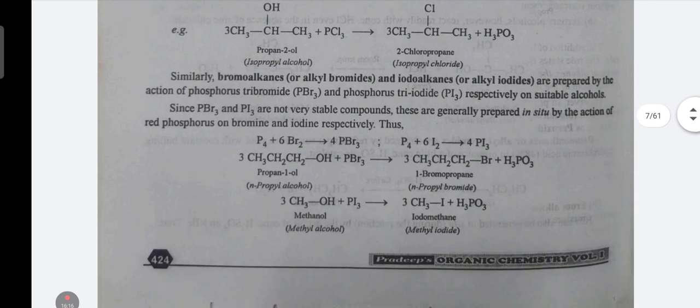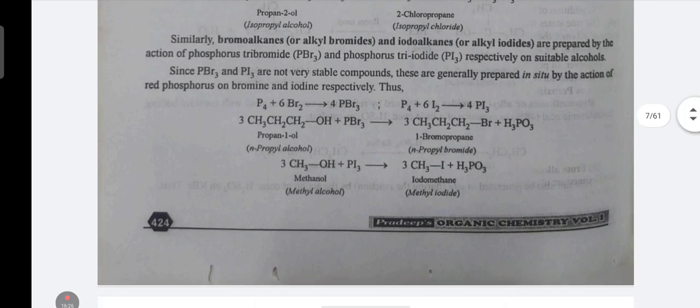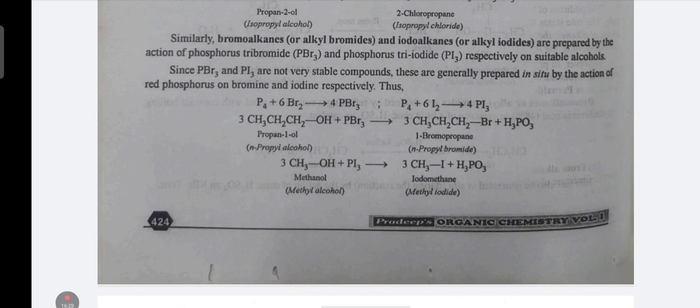Similarly, bromoalkanes or alkyl bromides and iodoalkanes or alkyl iodides are prepared by the action of phosphorus tribromide and phosphorus triiodide, respectively, on a suitable alcohol.